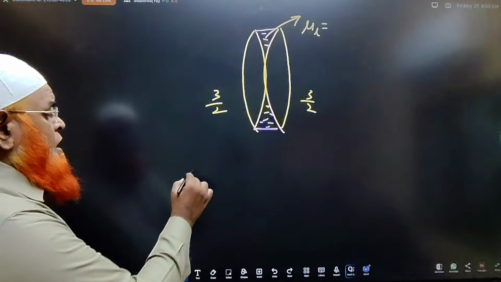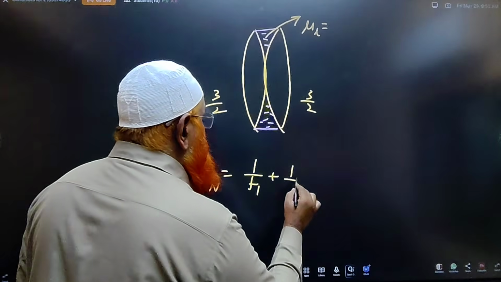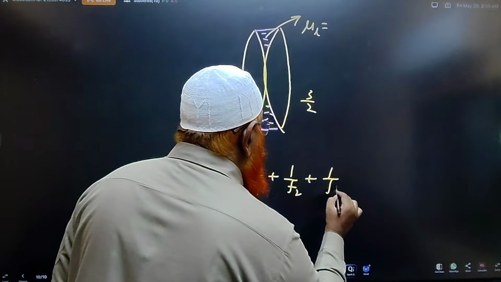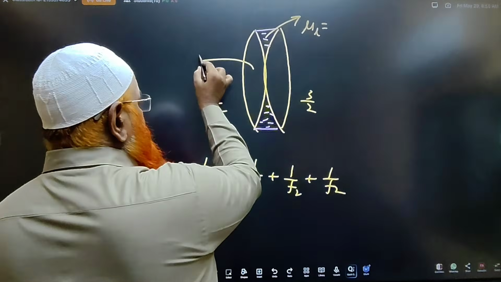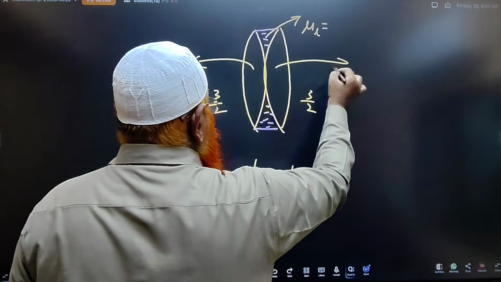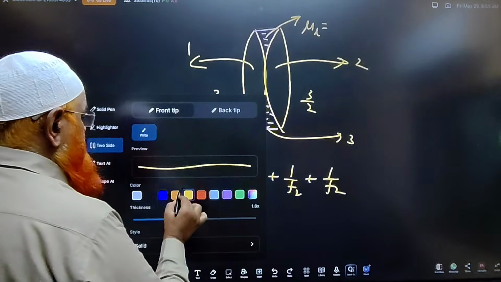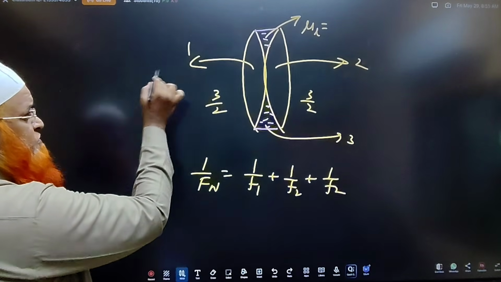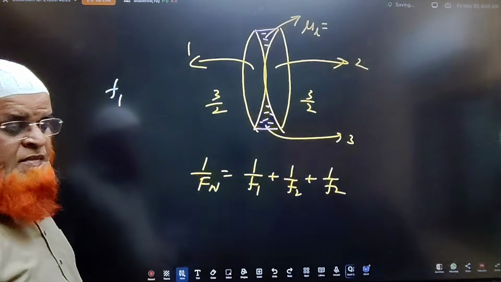Then what will you do? 1 by F net is going to be 1 by F1 plus 1 by F2 plus 1 by F3, just like parallel resistances. First you will take the first one, then the second one, then the third one. The focal length of the first one is F1, an equiconvex lens.